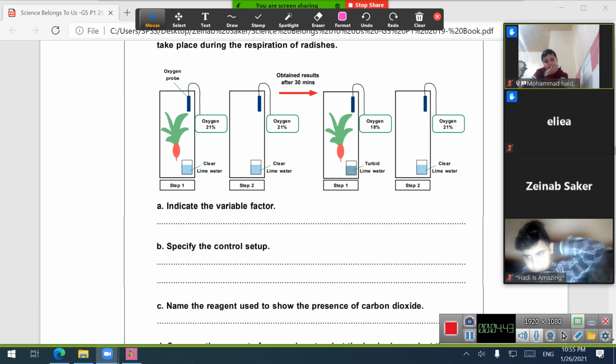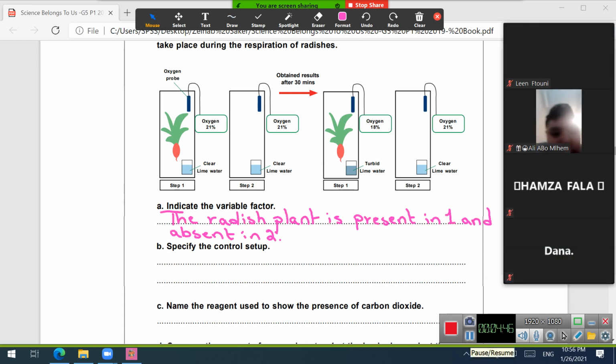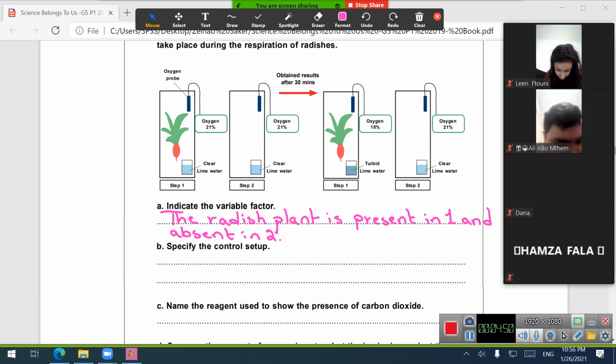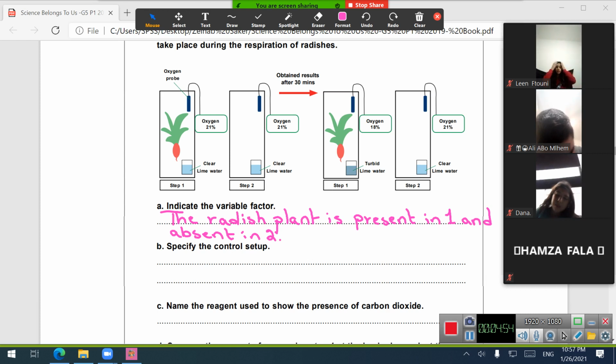Let's write the answer now. The radish plant is present in step 1 and absent in step 2. When you finish, we have to move to part B.